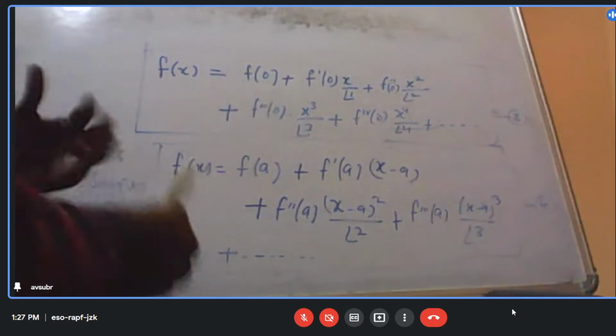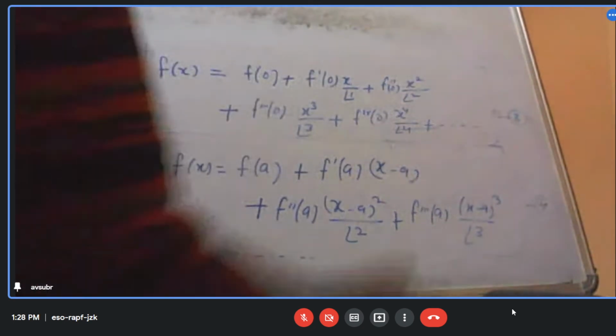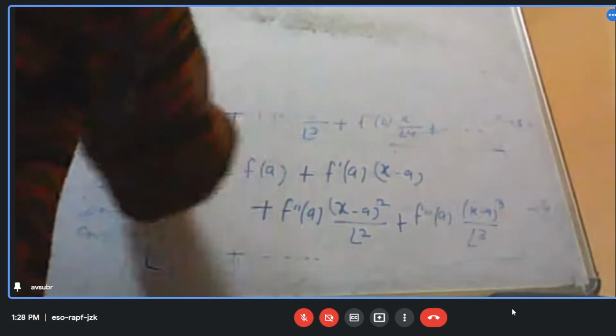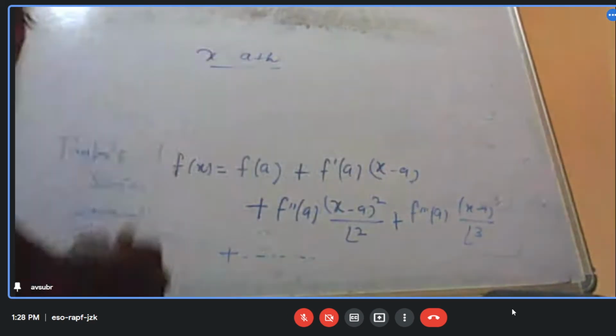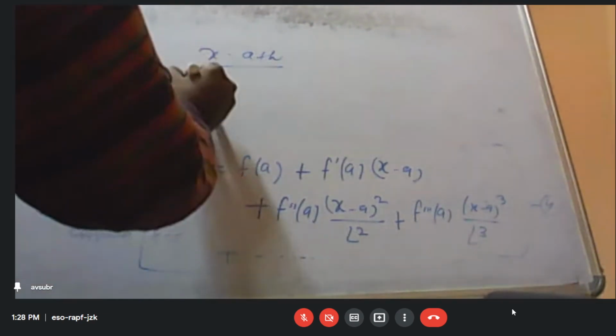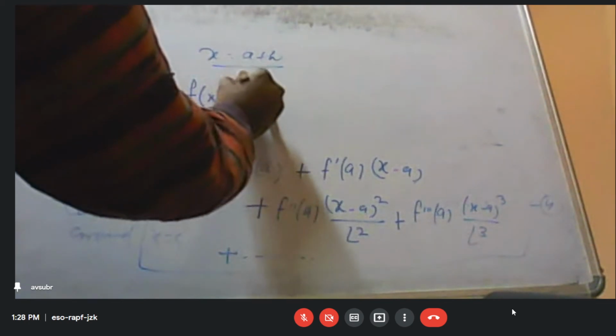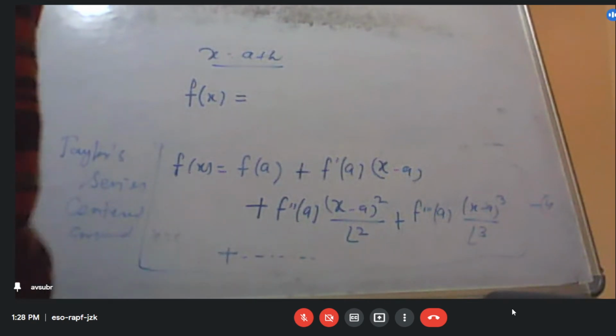Now if I say that x is equal to a plus h, because in books you will find these kinds of variations. Tell me how this series can be written, replacing a by a plus h.